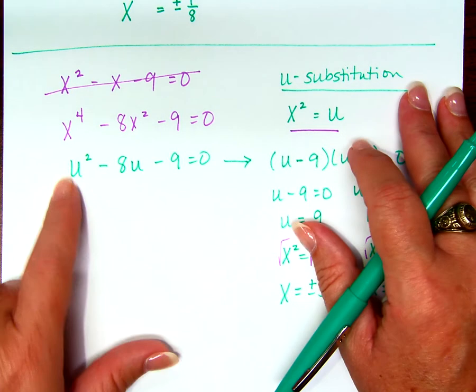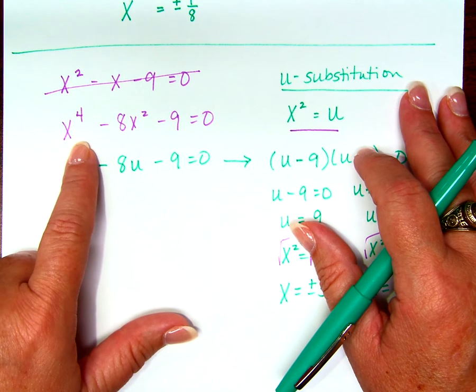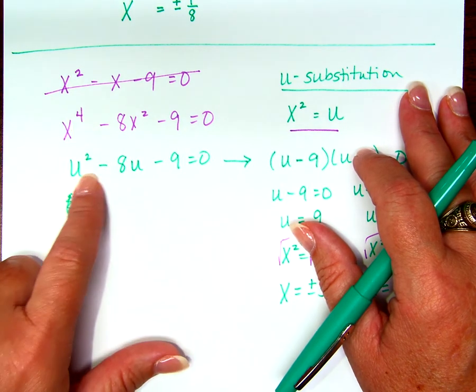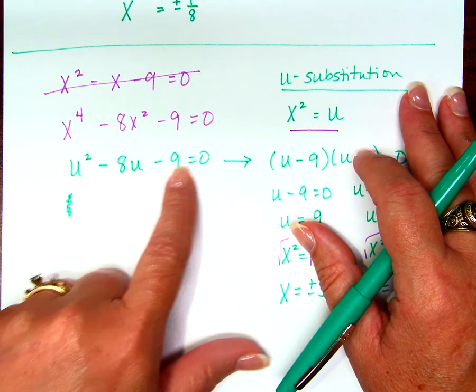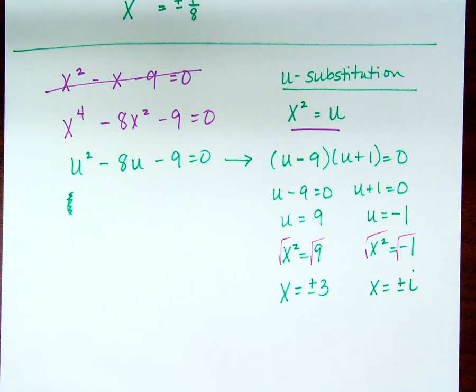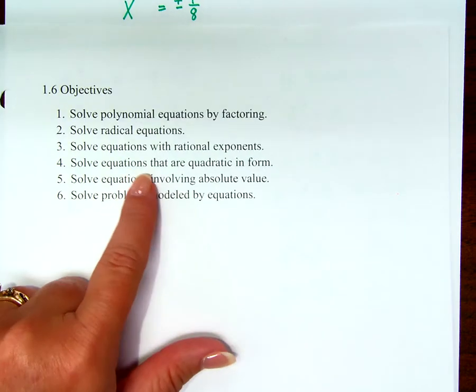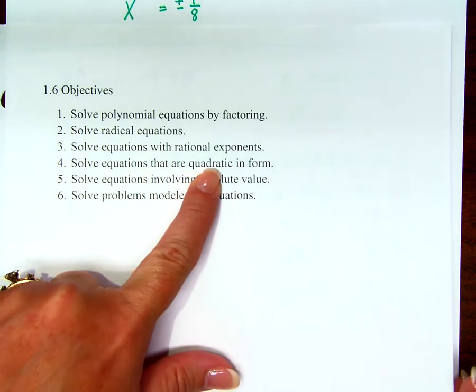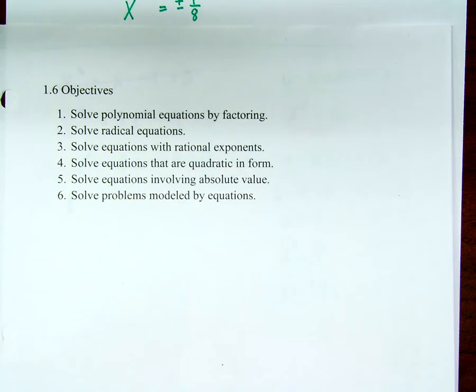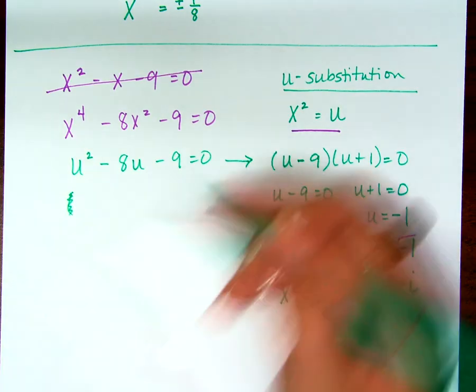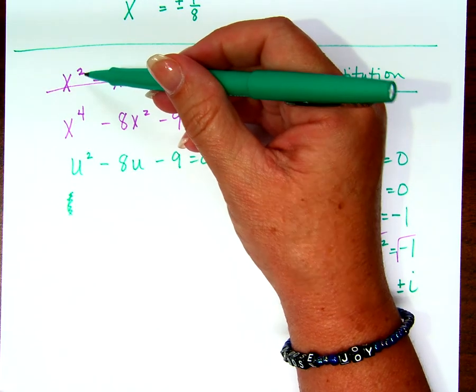Look, this is not a quadratic because it's to the 4th power. Look for something to substitute that makes it a quadratic. We want to take, if at all possible, equations that are in quadratic form, because they're not quadratics, but look at the exponent here, a 2 and a 1.